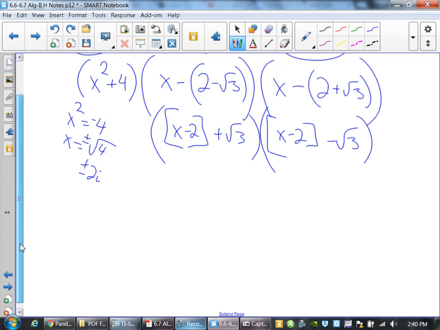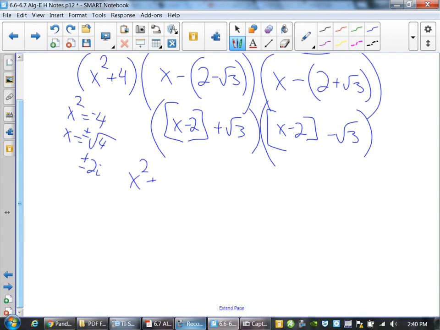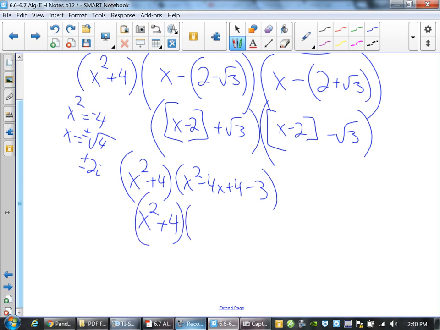So your solution winds up down here is x squared plus 4 times x squared minus 2, or x minus 2 quantity squared is going to be x squared minus 4x plus 4. FOIL that out, you get minus 3. And then you just combine them out. And then go through that.